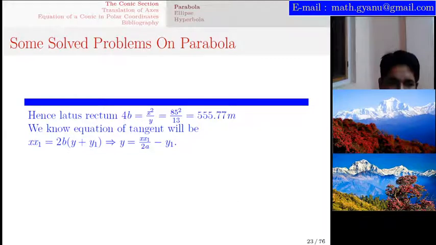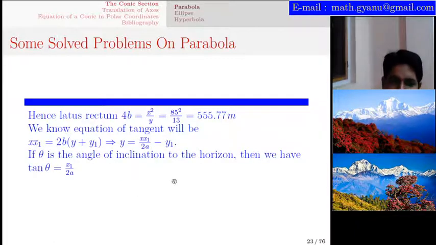The equation of the tangent can be rewritten as y equals x1 by 2a x minus y1. So the slope of this tangent line is the coefficient of x, that is x1 by 2a, denoted by tan theta equals x1 by 2a.